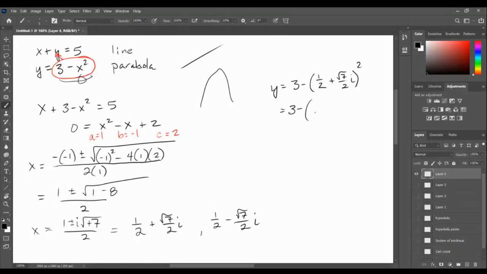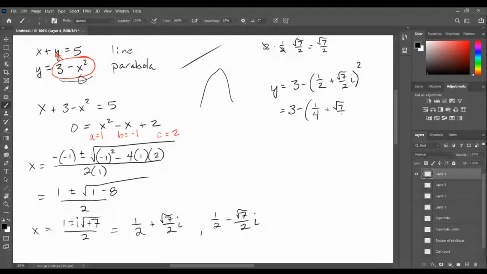Squaring this, you'd square the first one, which should be 1/4, and then we've got plus 2 times the first term times the second term. So 2 times 1/2 times root 7 over 2. We could cancel one of those, which leaves us with just root 7 over 2.